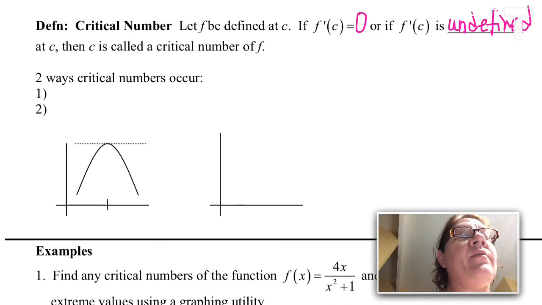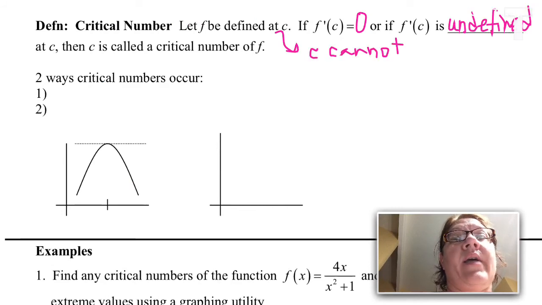And one thing you want to note is that c cannot be either a hole or an asymptote.